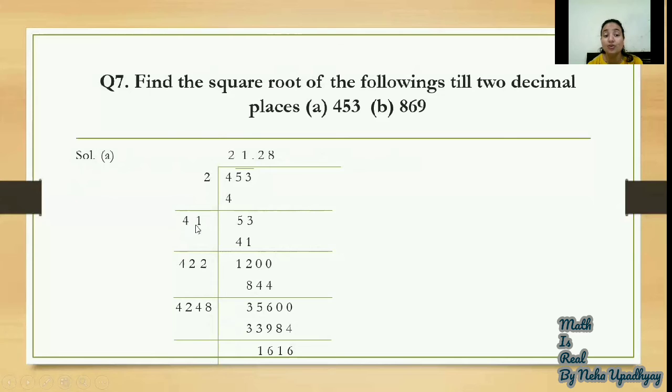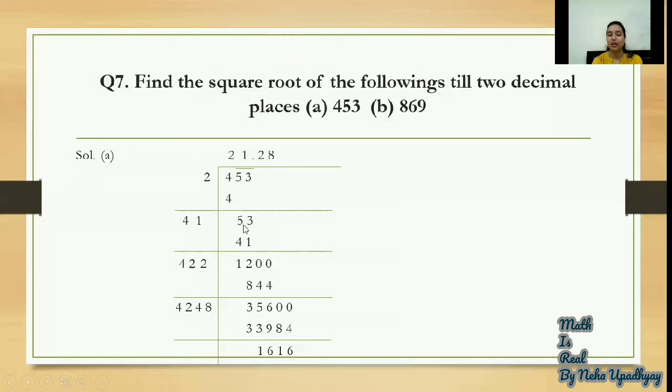Now you have to write one number in such a way that you write that number here and here, and in multiplication, it should not give anything exceeding this. So I wrote only 1, because if I wrote 2, 42 twos will become 84, which is really much greater than this number. So I wrote only 1 here, and 41 ones are 41 here.